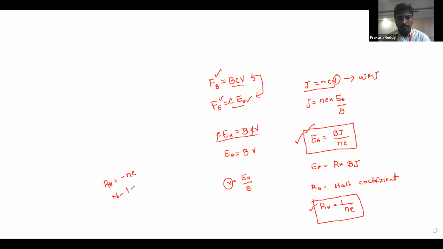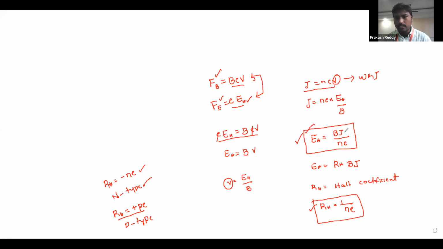If in the experiment you get a negative Hall coefficient, we can say the type of material used in the experiment is n-type. If the Hall coefficient is positive, we can say the type of material is p-type. Using the Hall coefficient, we can identify the type of material. That is an application of the Hall effect. Later we will discuss the applications. So try to listen and understand.